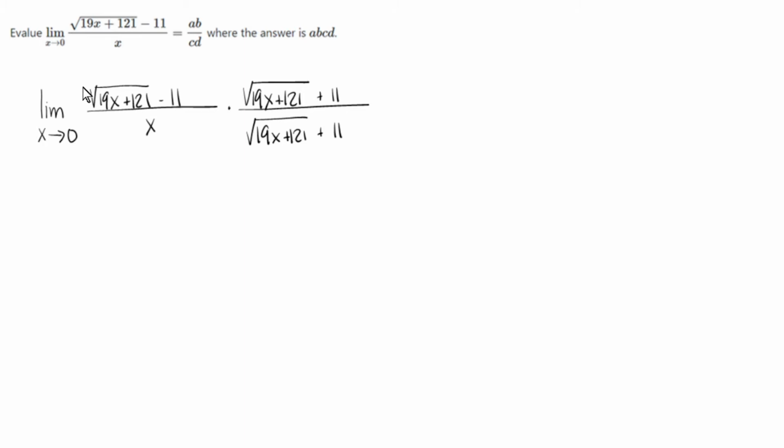Now in the numerator, this binomial multiplied by this binomial is a factored difference of squares, which means that we're going to go sort of backwards here, and we're going to rewrite the numerator as a difference of squares.